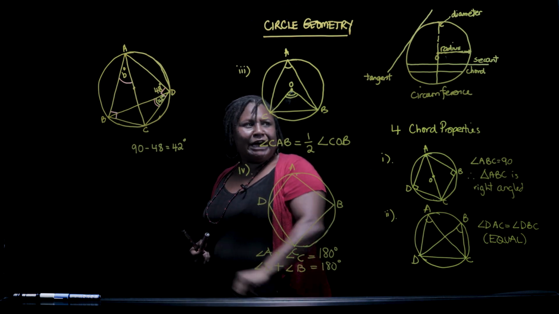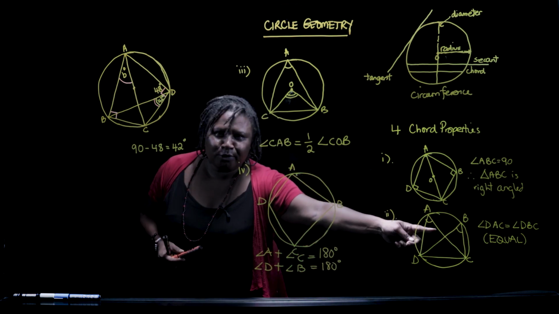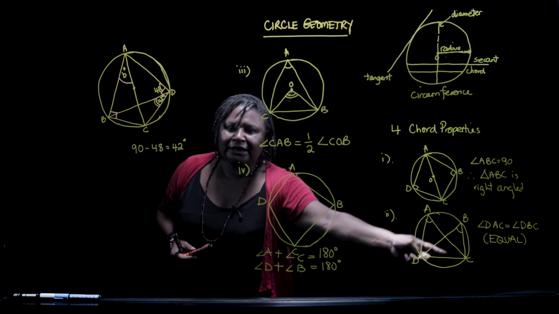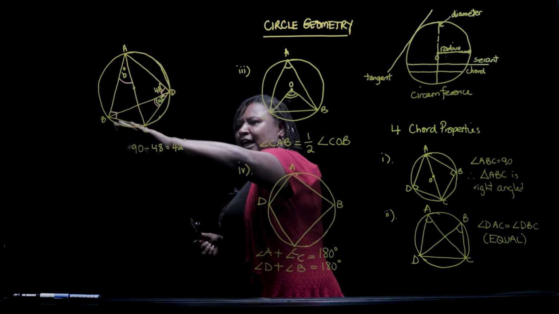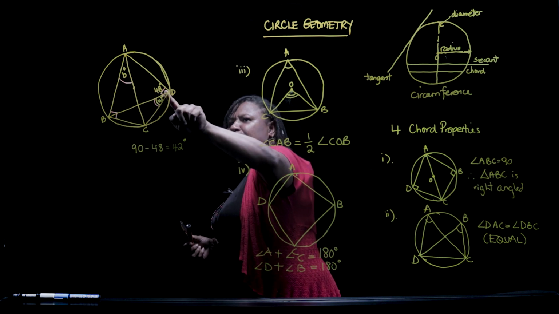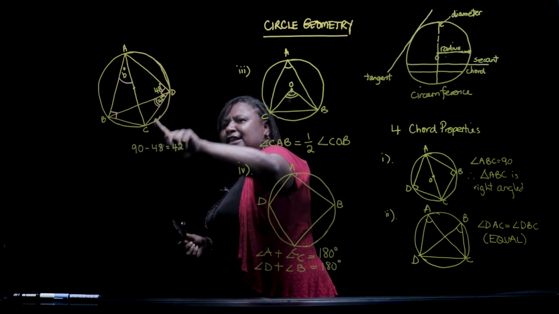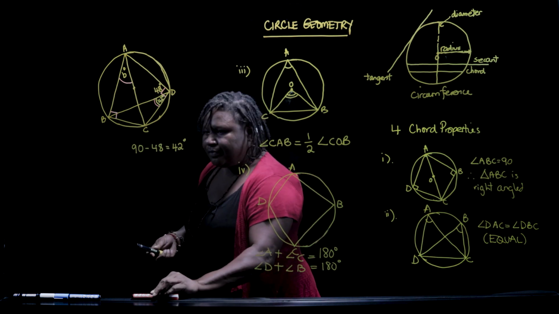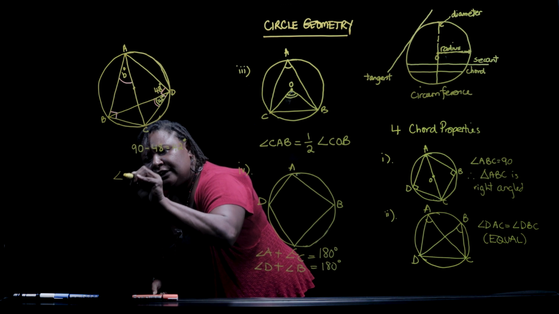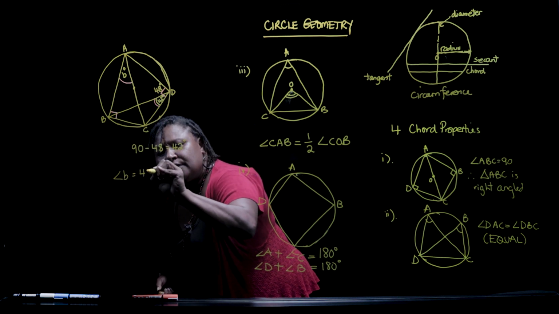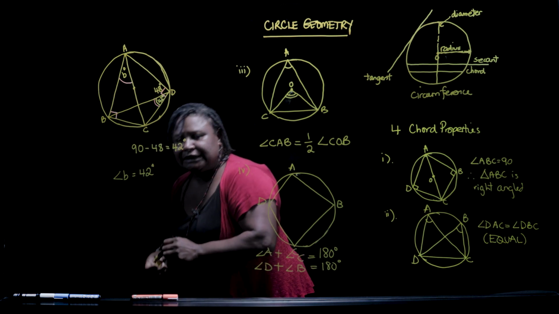Then you would recognize that the diagram looks like this. So the chord is here, the arc is here, which means that the 2 angles formed at the circumference are equal. So angle B is equal to 42 degrees.